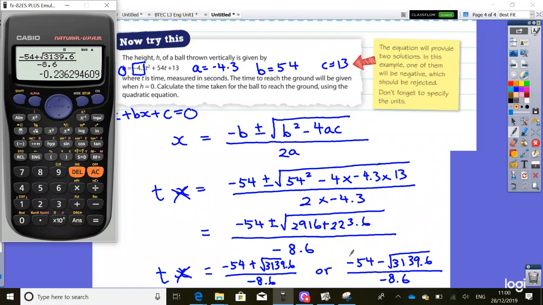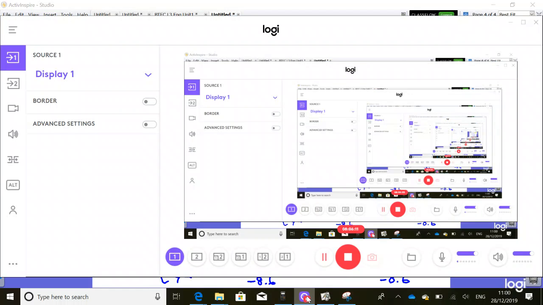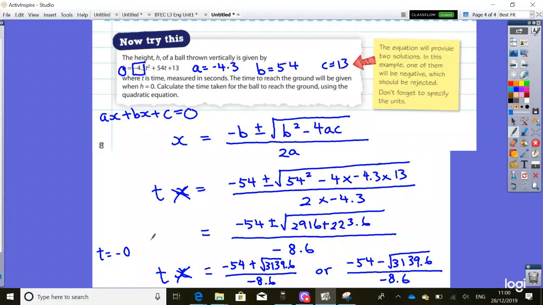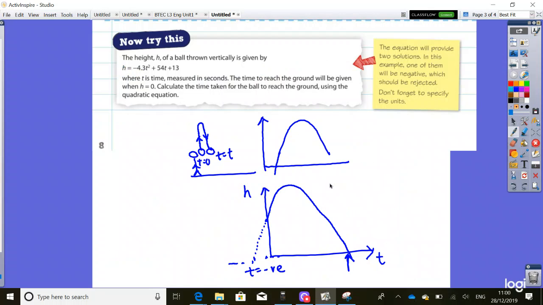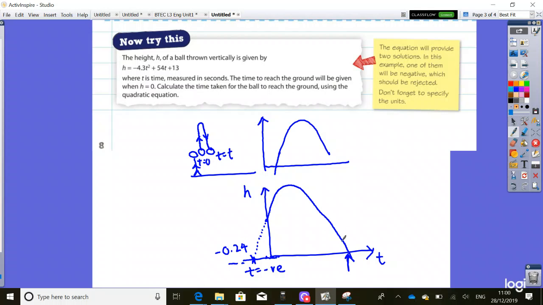So the time is minus 0.24 seconds, which can't be because it's negative. But it proved the point I made earlier. So now we're going to find the other one.